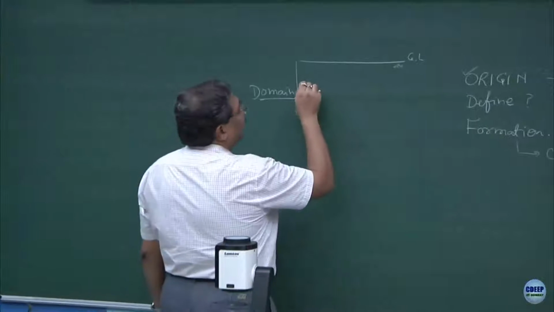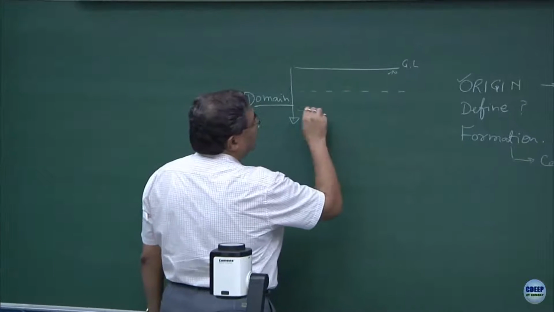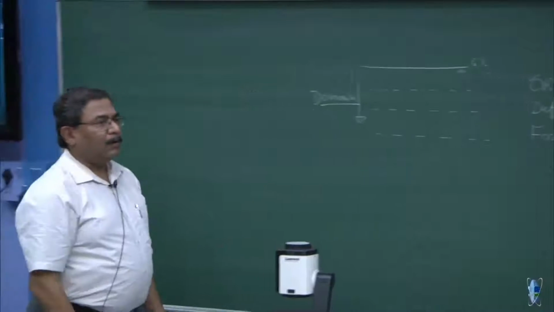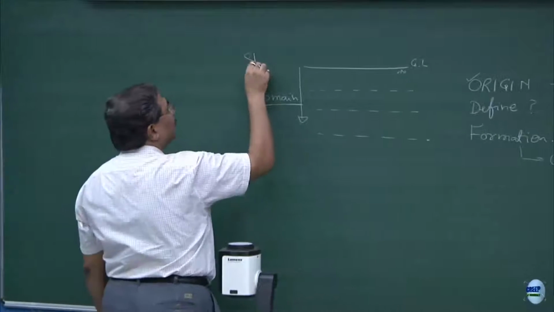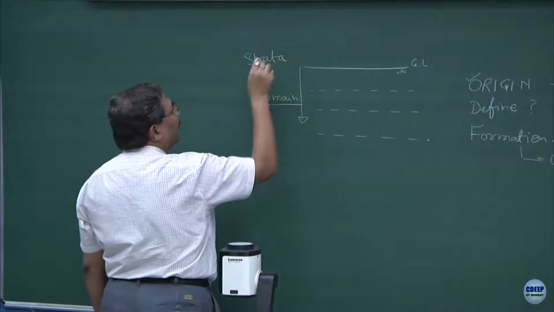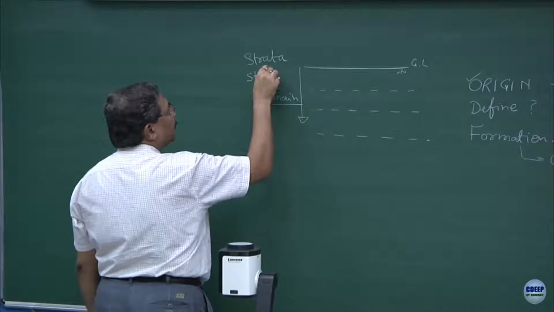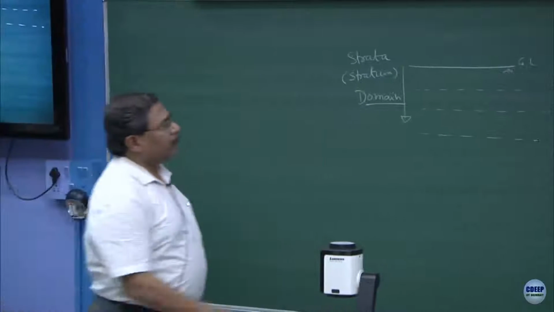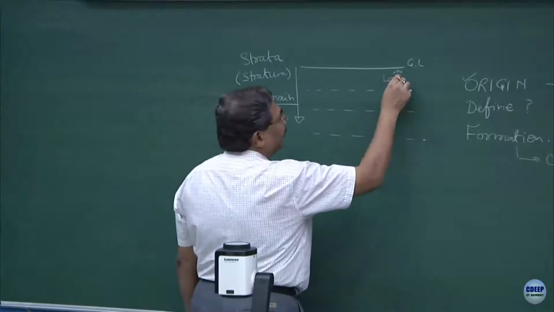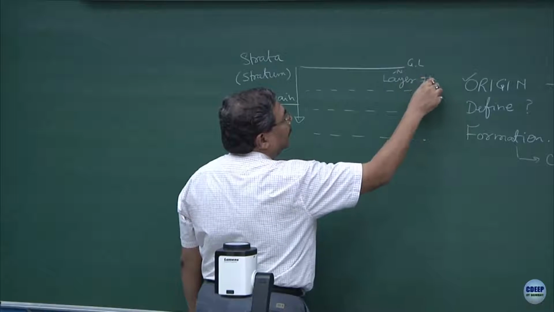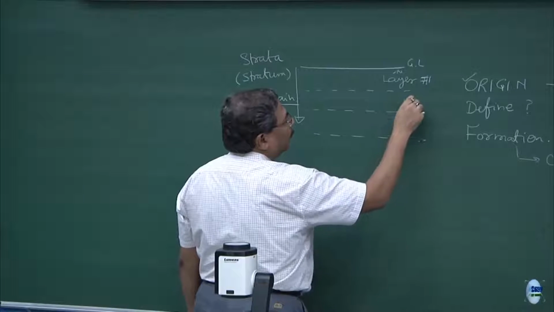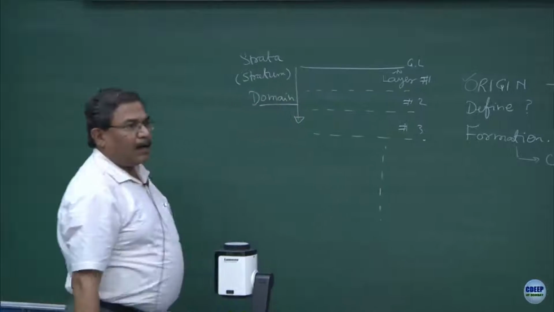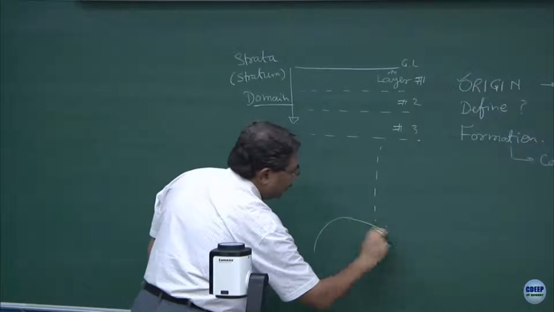So, if I say that the whole strata is stratified, strata is plural and stratum is singular. So, each of these layers, if I say layer number 1, number 2, number 3 and so on, unless you hit the mantle or the core.